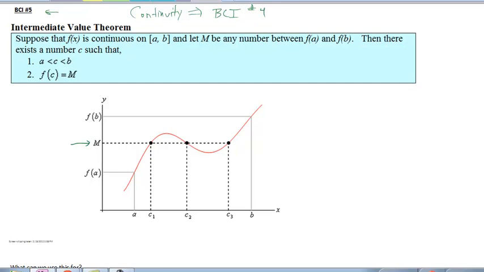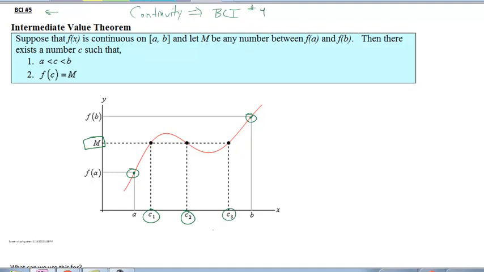Essentially what we're saying is that if we pick two values along a curve, here's a and here's b, and we pick a height, m, that falls between the height at a and the height at b, if the graph is continuous, there must be some x value we can plug into the graph. In this case, it looks like there's 3 x values, such that we get out m.